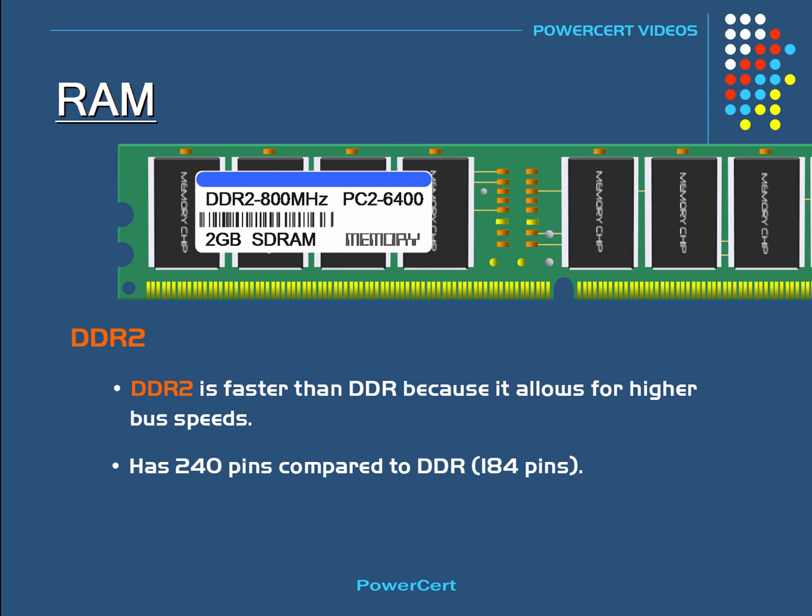DDR2 is labeled just like DDR, but with a small difference. For example, a DDR2 DIMM could be labeled DDR2 800 PC2 6400. And the difference is the 2 right after the DDR and the 2 right after the PC. So this is how you can identify DDR2 memory by using its label.